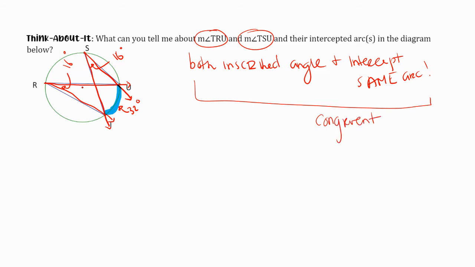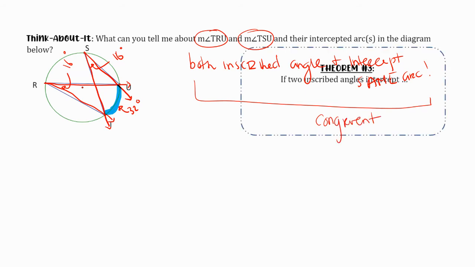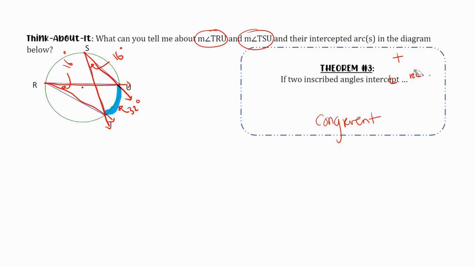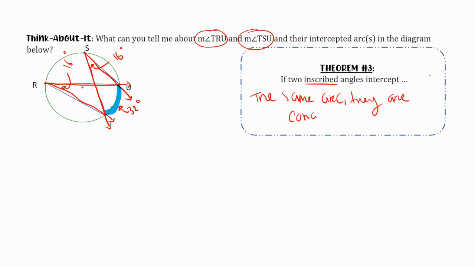Right? I'm going to write that a little more formally. If two inscribed angles intercept the same arc, they are congruent. That's my third theorem.